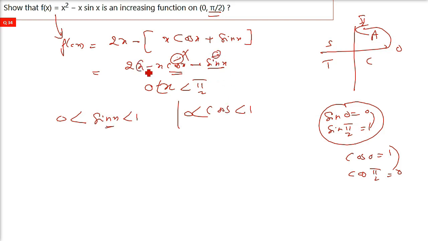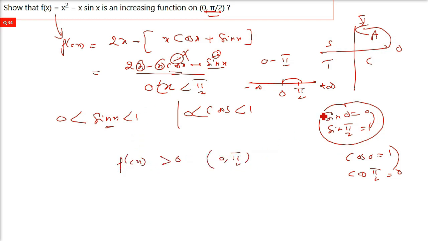Please remember, cos x and sin x are between 0 and 1 here not because the actual range of cos x and sin x is negative 1 to 1, but because between 0 and pi by 2, f dash x should be greater than 0. Only between 0 and pi by 2 I am talking about. So we can strictly say that this is going to be greater than 0, as we observe how the values of sin and cos vary.